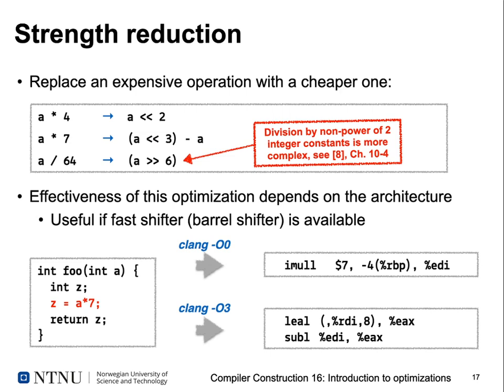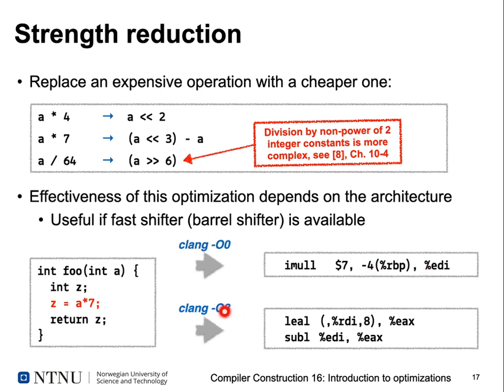So for our x86 assembly, for example, we need to figure out what's coming out here. If we compile this code that calculates z equals a times 7 with -O0, in this case with our Clang compiler, it generates an IMUL instruction, an integer multiplication of our constant 7 with our value z, which is at RBP -4, and stores it in EDI.